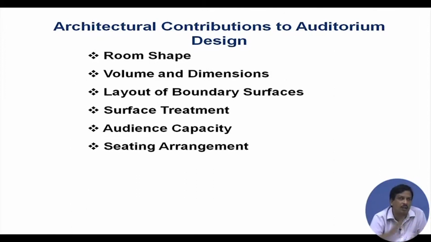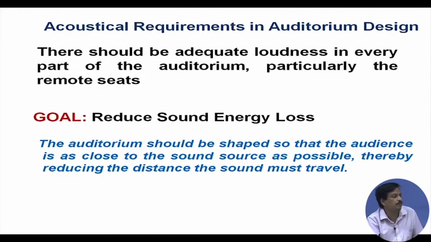Now, as an acoustic engineer, what kind of feedback should you provide to those architectural engineers, that when you design an auditorium, from the acoustics point of view, room shape and volume of the room should look like this. Those guidelines are called the acoustical guidelines to the architectural design. Okay. So, let us discuss room shape one by one.